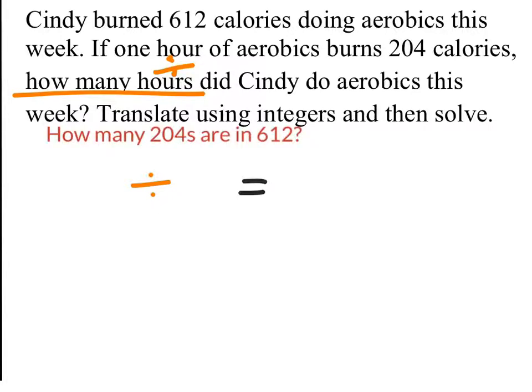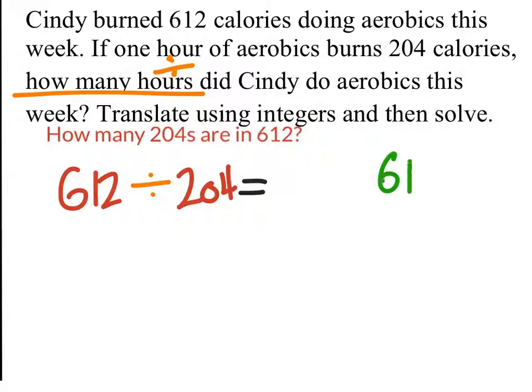So this question leads us to the division problem of 612 divided by 204. And we can do long division on this one. I would look at this as 600 divided by 200 just to give me a quick estimate, and I would look at 3 on that.